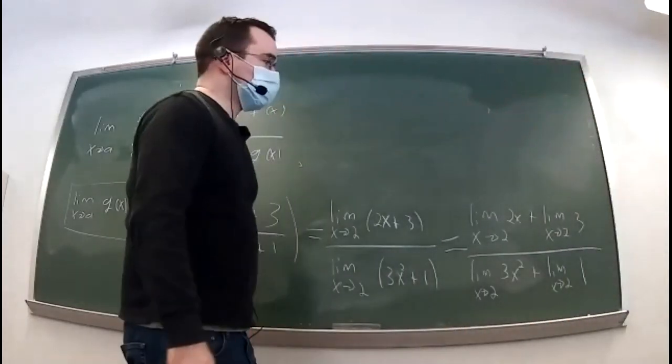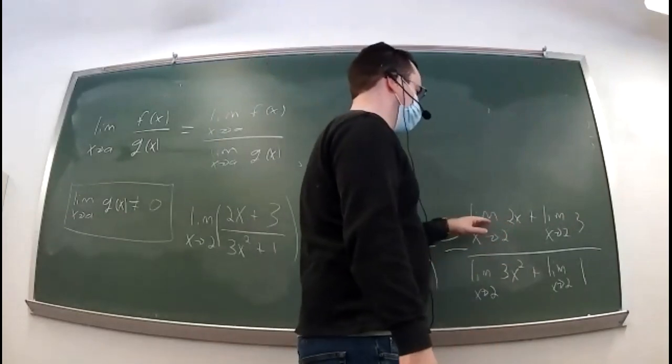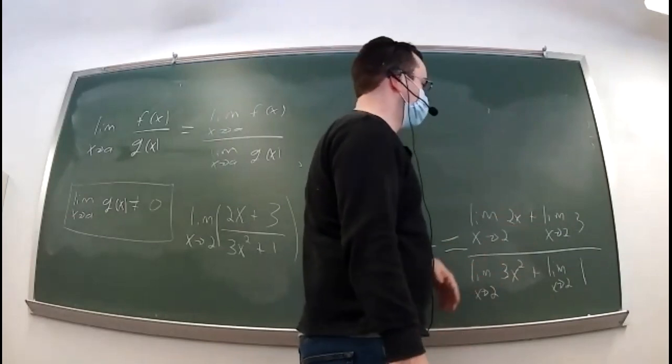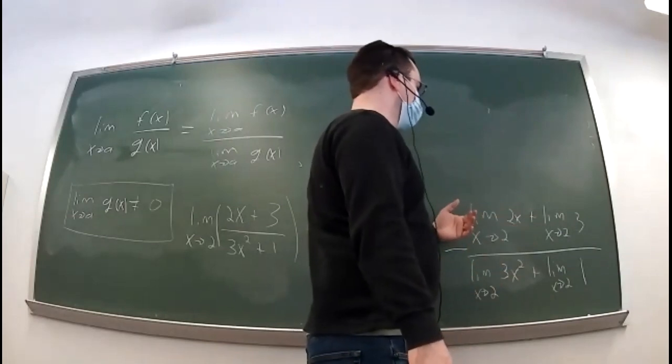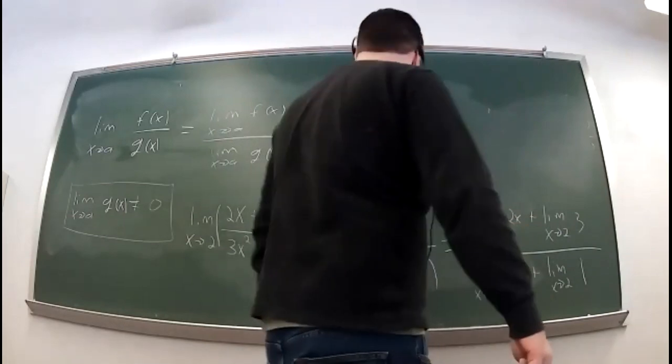One of the limit laws you'll see on page 76 is the constant multiple law, which says that if you take the limit as x goes to 2 of 2 times x, that's the same thing as 2 times the limit as x goes to 2 of x.